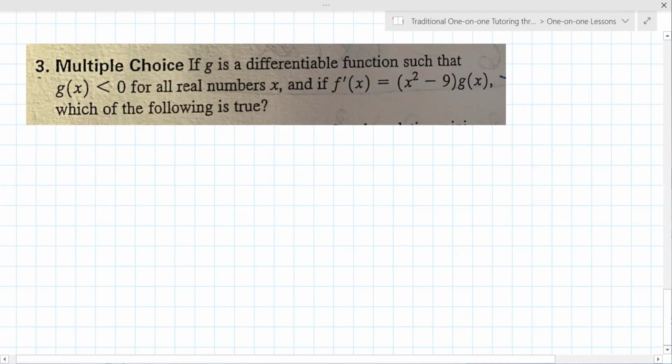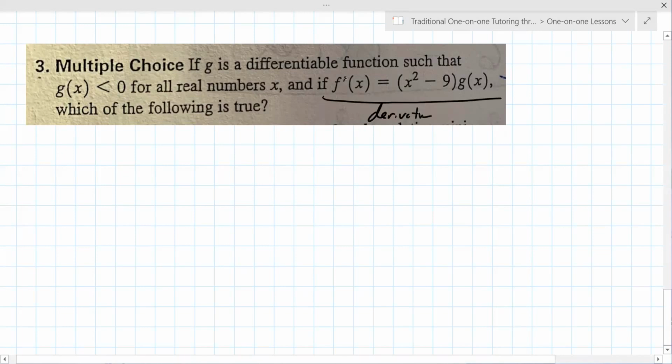They give you the derivative and ask which of the following is true. Maybe we should just go through this one as is. What's interesting this time is they give you the derivative, so you don't have to take a derivative.